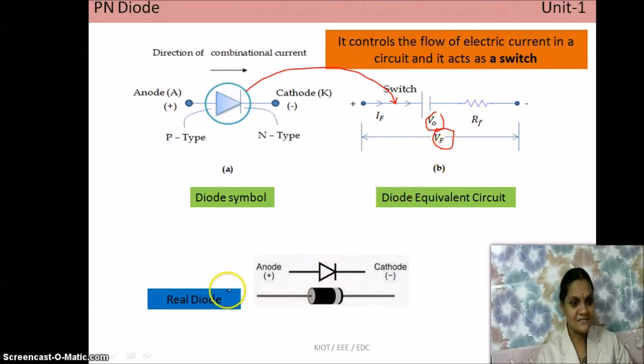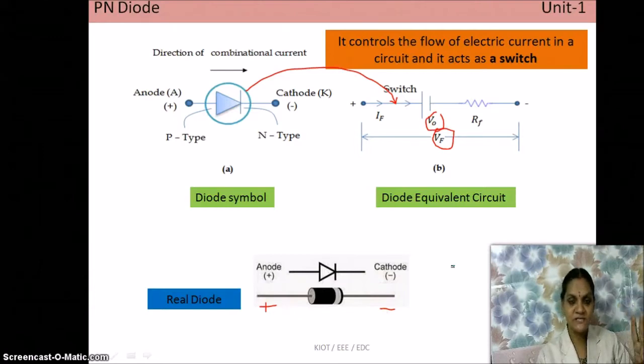And this is the real symbol of a diode. When you purchase a diode from a shop, you will see it like this. One end is a flat end and the other end has a ring, which is called the curved end. The flat end is usually the anode terminal, and the curved end is usually the cathode terminal, represented by a negative sign.